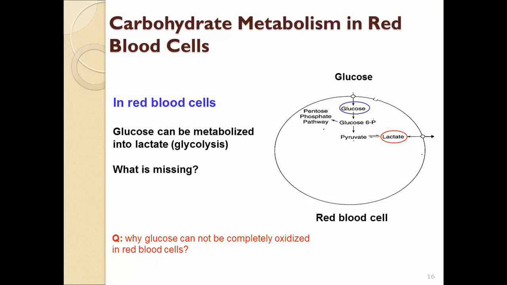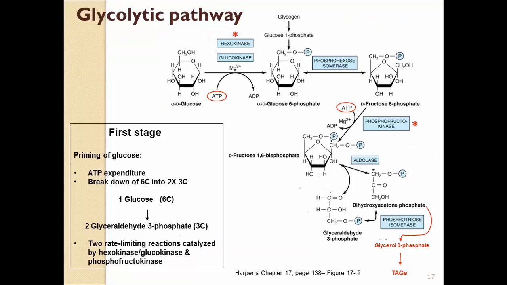And red blood cells, because of lack of mitochondria, only do glycolysis but are also able to do the pentose phosphate pathway. Red blood cells also contribute lactate to the circulation for gluconeogenesis in the liver.